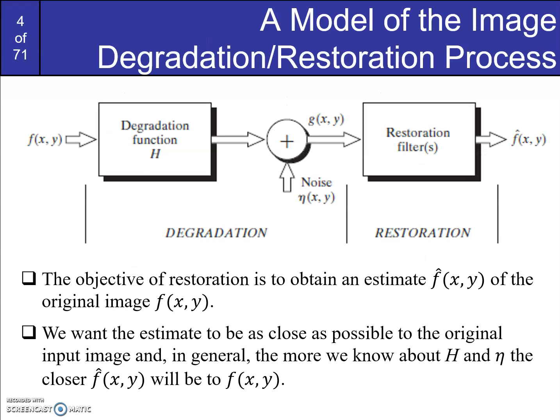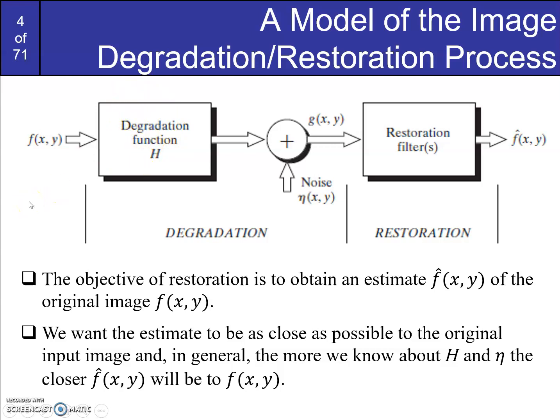So this is a diagram which will perfectly explain to you what all is going on inside and what all we covered in the last 3 PPTs, right? So we have an original image which I'm denoting with f(x, y). That is my original image. What happens to my original image is that there is some degradation function which is applied to it.